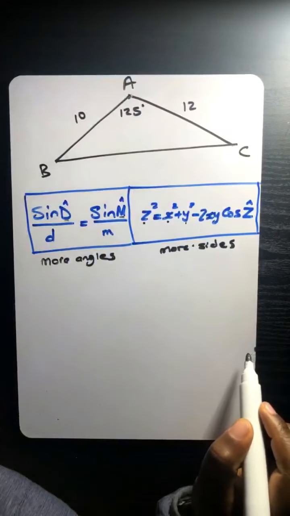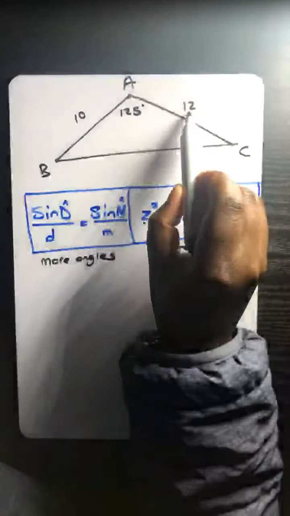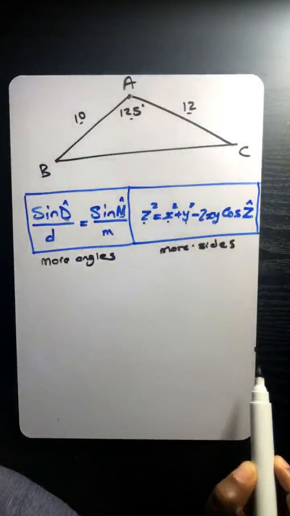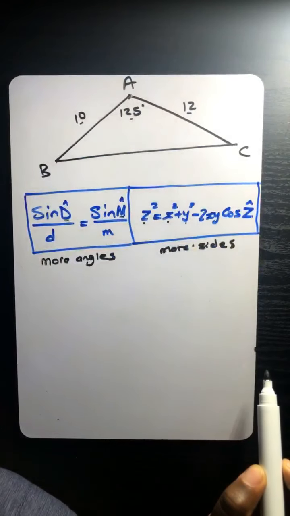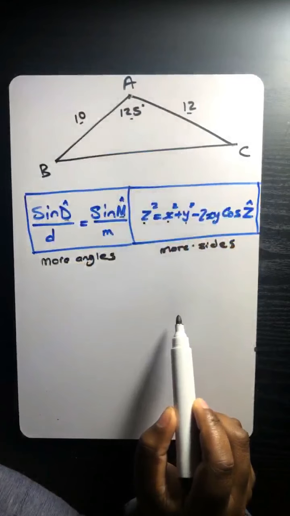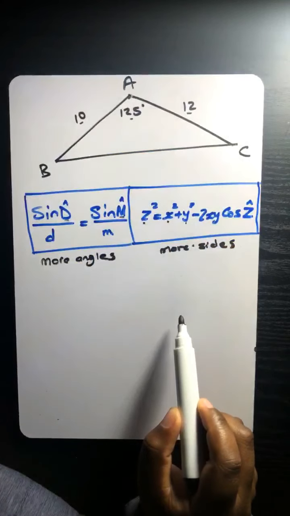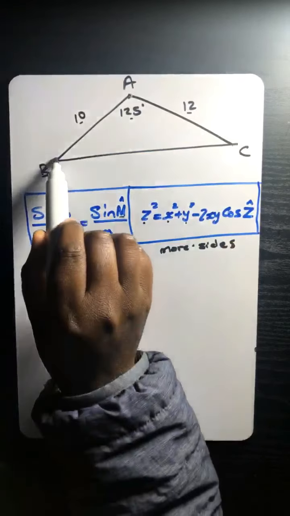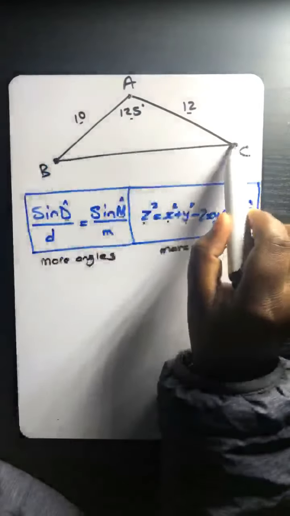So now let's check based on what we are given over there. Can you guys see that we have more sides than the angles given? I'm just not sure if you guys are able to notice that. So for that reason, that we've got more sides than the angles given, and as the question said, determine or calculate the side, obviously it is side BC.